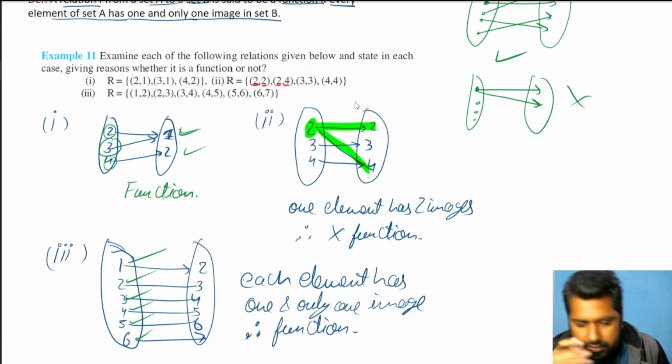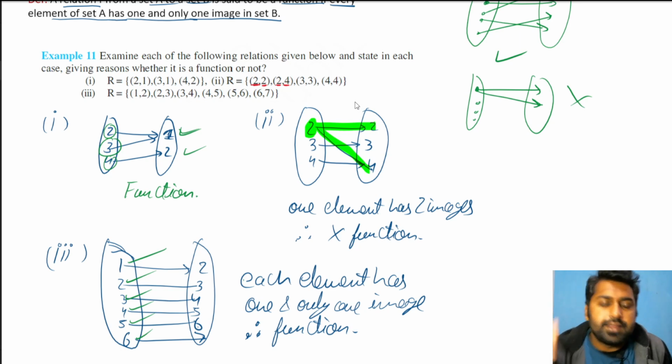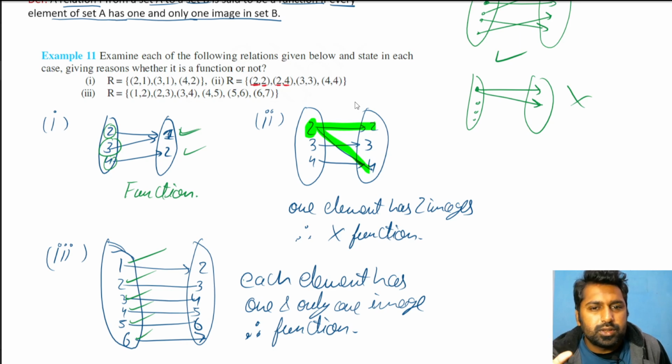Plus grade 12th relation function. Again, relation function is there in grade 12th also. There again you will need these arrow diagrams. Okay, one-one, onto, those kinds of things. In order to judge that, again you need these diagrams. So I'll recommend the arrow diagrams effectively, because it's not like this particular question will be there. There can be questions based on one-one and onto.